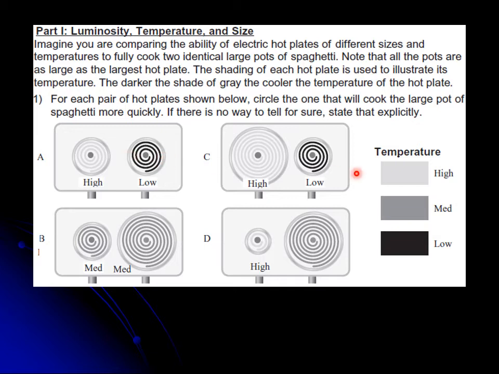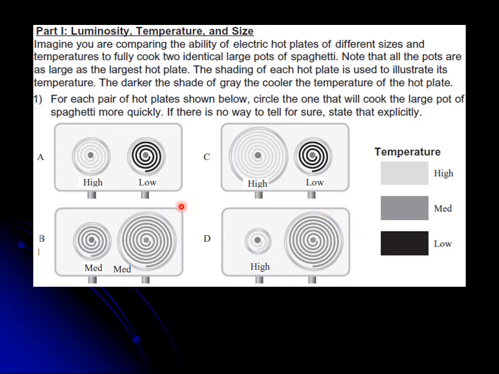And the temperature is denoted here by the colors. So if we see something that is light gray, like in this case, it's going to have a high temperature. If we see something that is gray, a little bit darker, that is medium temperature. And if we see something that is dark, black, that means low temperature.